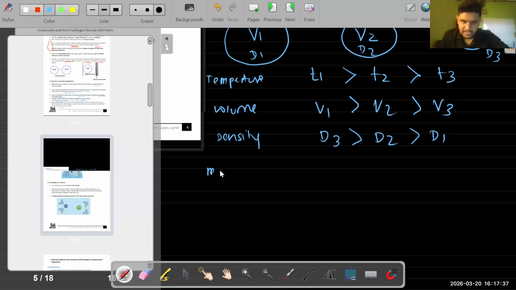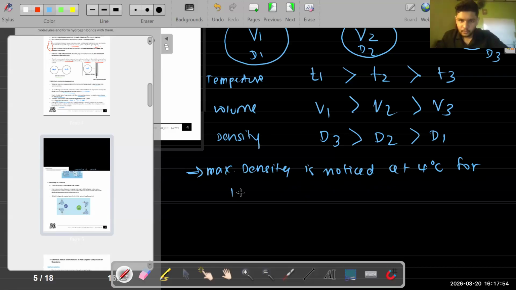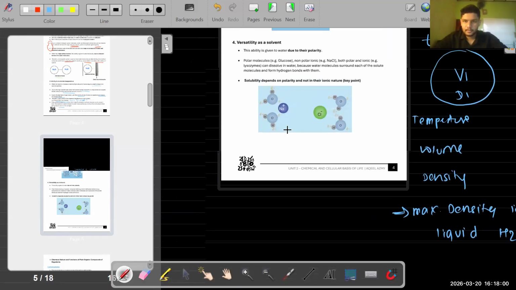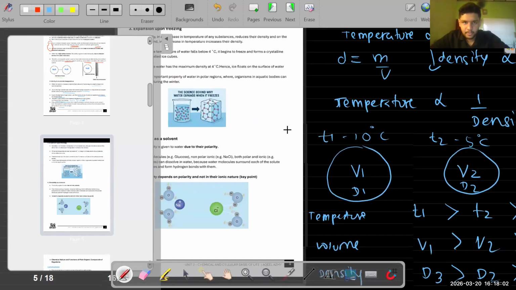See, maximum density is noticed at 4 degrees Celsius for liquid water. Right? Okay. Now let's go to this point.